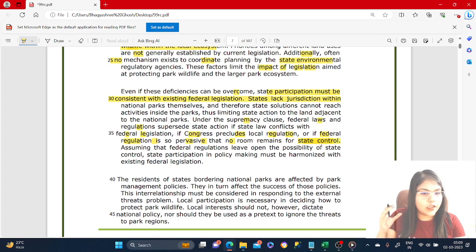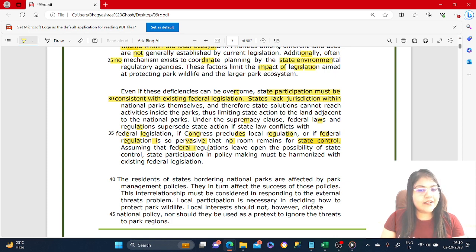So local regulation is at the lower part. If some national regulation or a higher authority regulation comes, then local regulation fails. So that is another reason they are saying. Is it something new? Well, not new, but okay, fine.